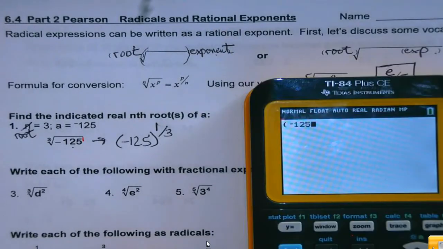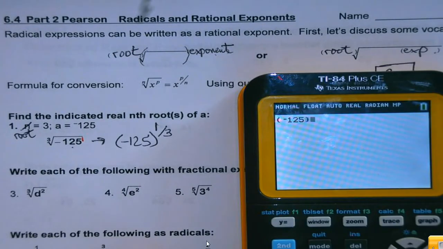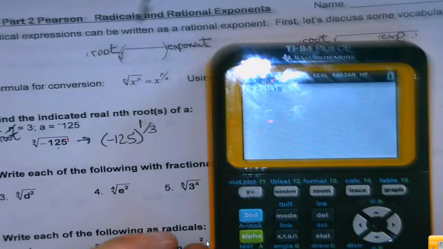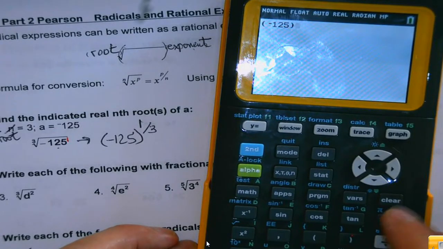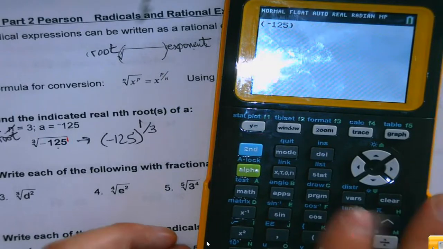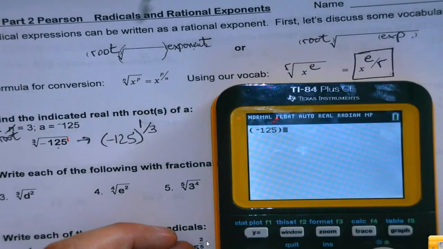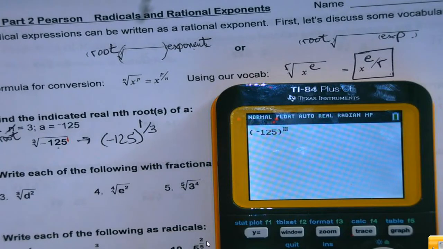Okay, let's come back down here a little way. So negative 125, I'll put it up just long enough to see. Again, if it's been a while since you've used these, my up arrow, my caret button just above the divide, that's how we get into exponent mode here. And then we just type in our fraction, 1/3. Hit enter, we get our answer.